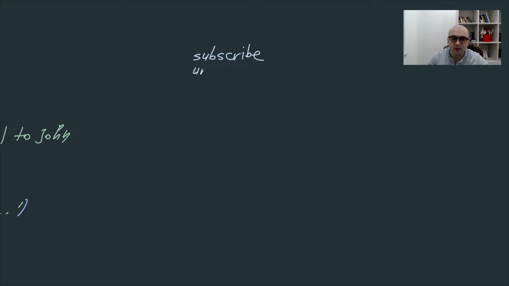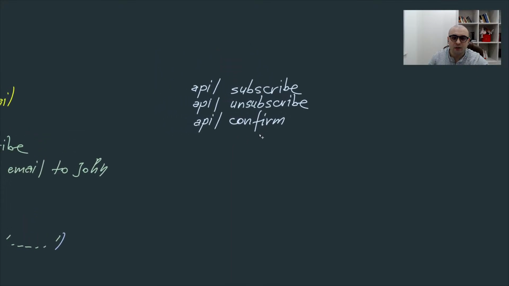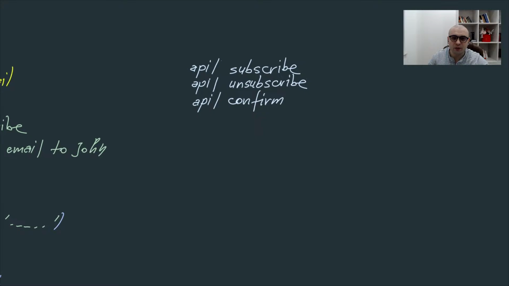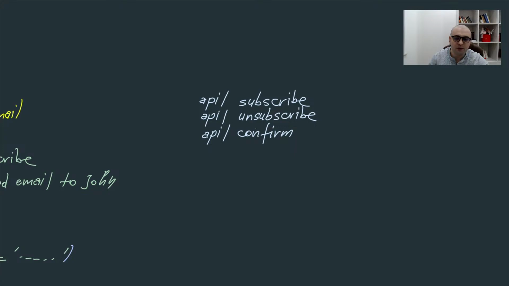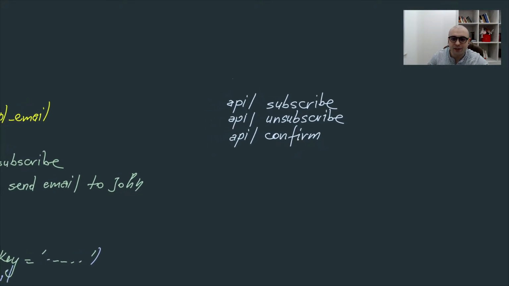We'll need to have unsubscribe. And probably confirm. So this will be our 3 APIs to code. As well, we'll need to add the Mailjet component. So I'm outlining the plan, or the tasks which we'll need to focus on today.